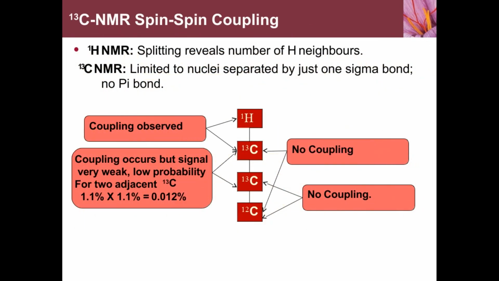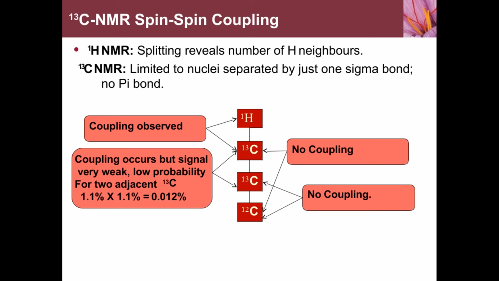Now C13 NMR spin-spin coupling is also important, because in H1 NMR splitting reveals the number and nature of H atoms, whether it will be CH3, CH2, or CH, tetrahedral carbon, particularly methyl, methylene and this type of proton, their numbers and their hybridization like sp, sp3, is well assigned by the spin-spin splitting in H1 NMR.